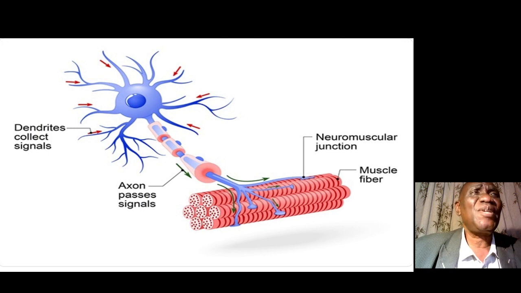Here we are just showing you the structure of the nervous system. That is the neuromuscular junction, where you have the nerves attached to the muscle fiber, and the signal can be transmitted via that nerve. But it is at the end of the nerves where it touches the muscle that we find the acetylcholine.